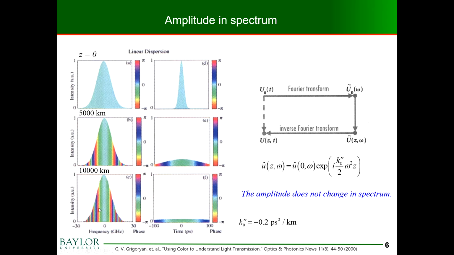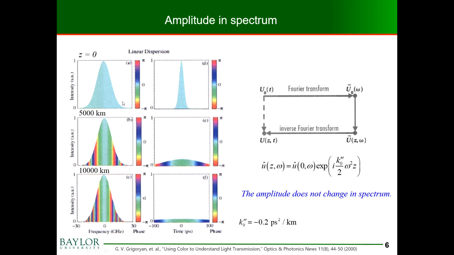Now let's look at this example. The left column is the spectral domain and the right column is the time domain. This is showing the amplitude, and here we show the phase, right? At the beginning, it's a nice Gaussian shape.